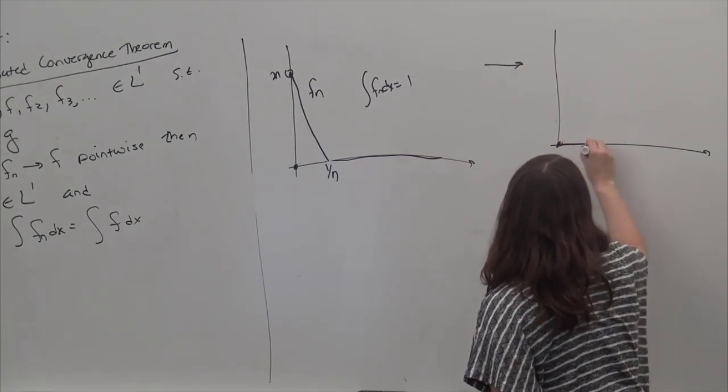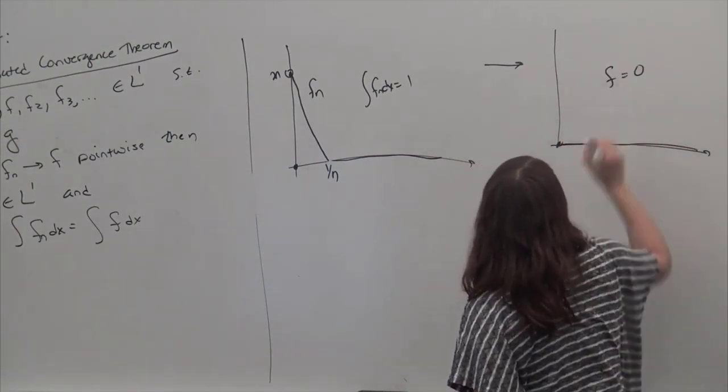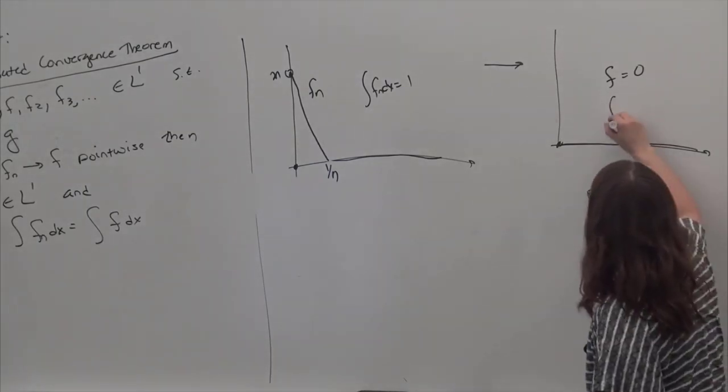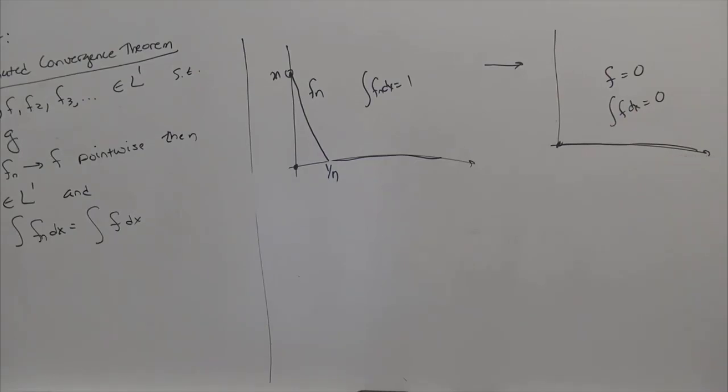So these just converge pointwise to 0. And of course, the integral of 0 is 0. So this is a case where the sequence of functions converges pointwise, but the integrals don't converge.